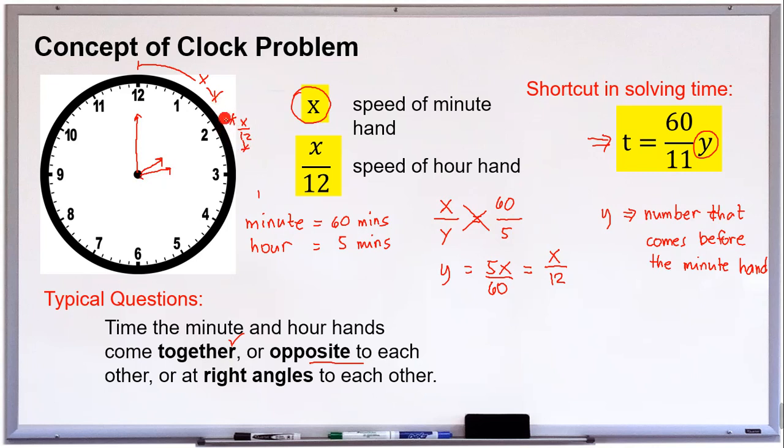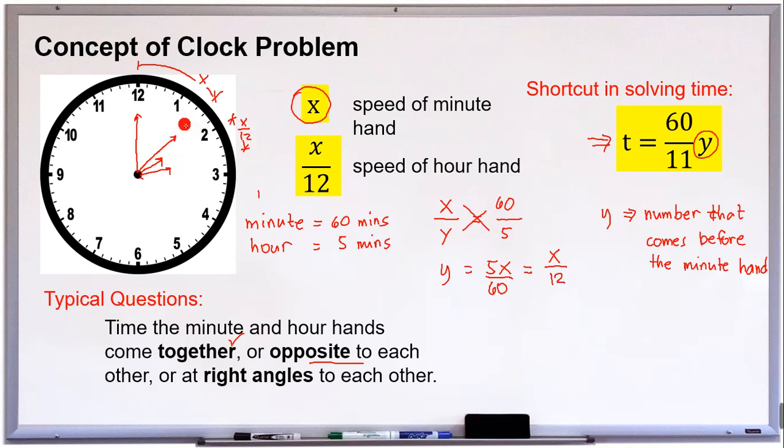illustrating the problem and trying to generate a working equation, you can use the shortcut by tracking the final position of our minute hand. So in this figure, the final position of our minute hand is between 1 and 2.